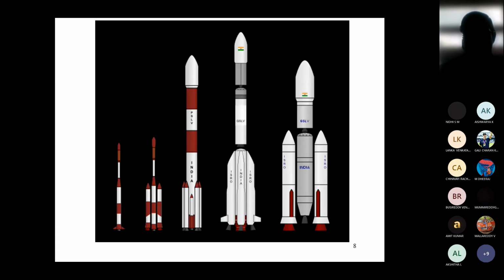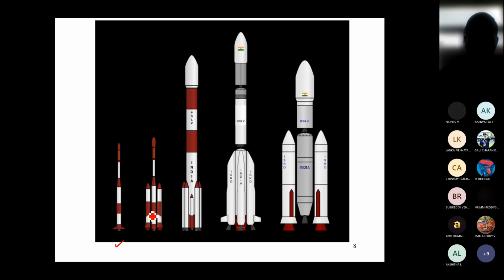You see the satellite. These are not the satellites. These are the launch vehicles. If you see the first image, it's a very thin launch vehicle. This one is called satellite launch vehicle. And this satellite launch vehicle has some other compartments where we can carry other payloads like fuels along with the satellite.